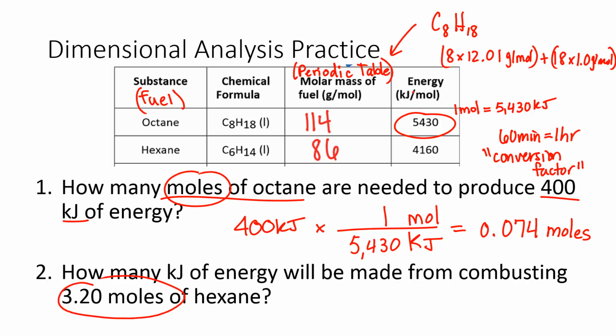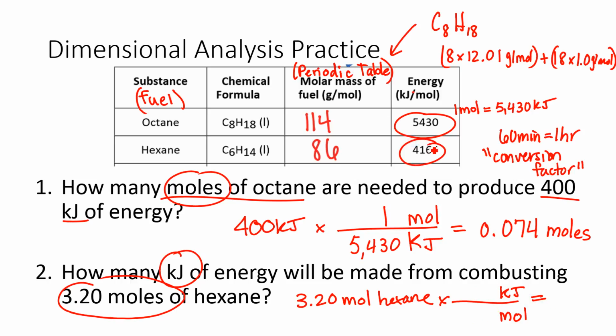Okay, how about in this case? I'm starting with 3.2 moles of hexane, and I want to find kilojoules. Since I'm starting with moles, this time moles is going to be on the bottom of my fraction. So the units that I have go on the bottom, the units that I want go on the top. And this relationship I find from the table up here, so this tells me that every 1 mole of hexane releases 4,160 kilojoules.